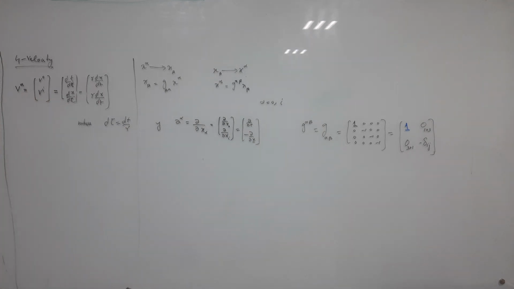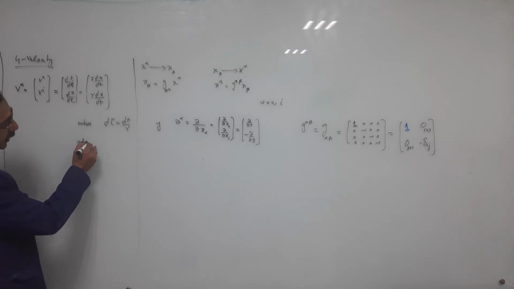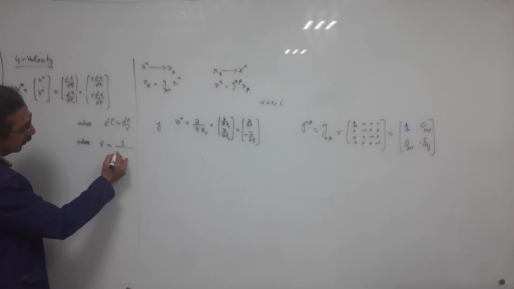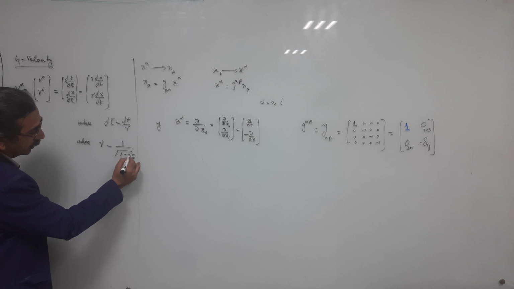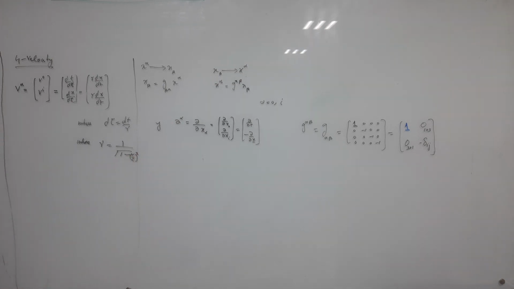Okay, that was equal to this. Gamma dt is equal, beta is equal to dt over. This is equal to this, where what is beta? Gamma. Gamma is 1 over V over C square.